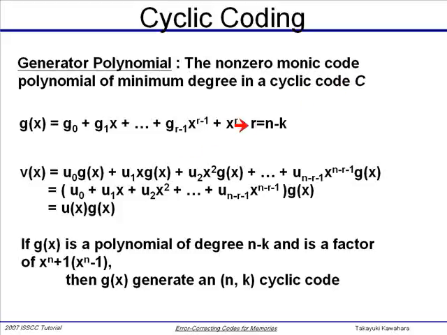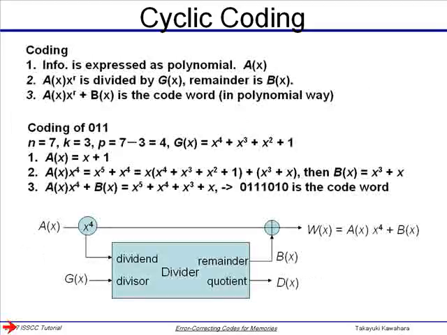We divide by g(x) and obtain the remainder, then add the remainder. Why add the remainder? Because the result is then completely divisible by g(x), so that is a codeword.